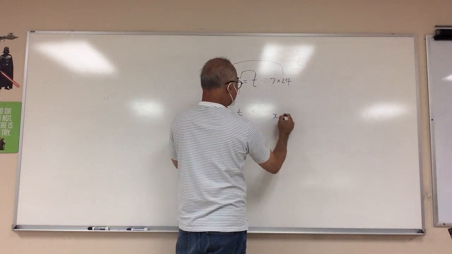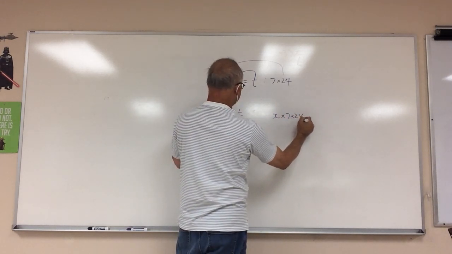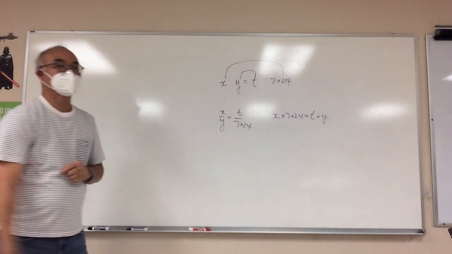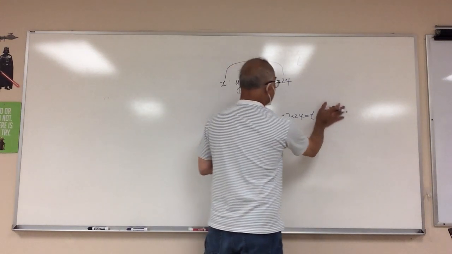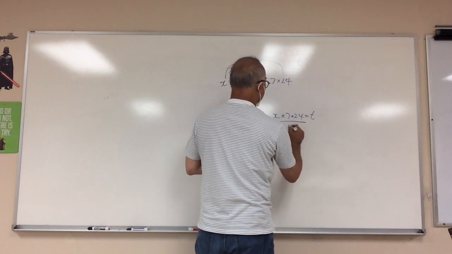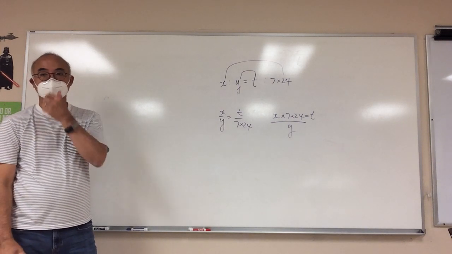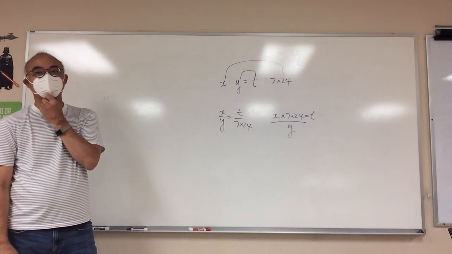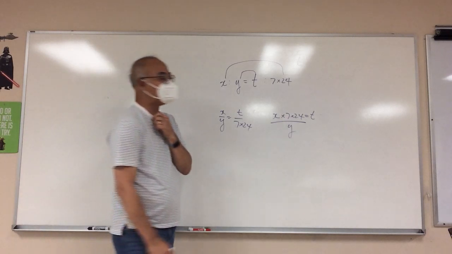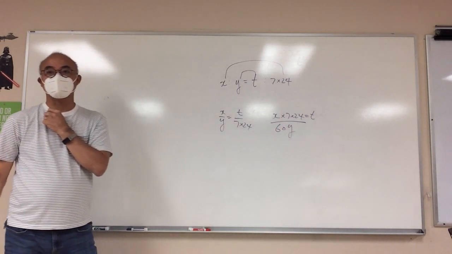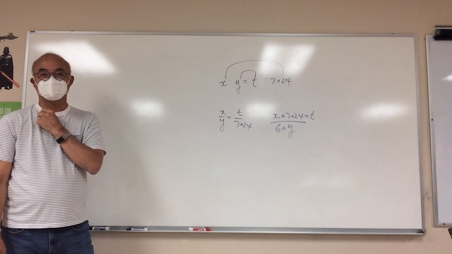X times 7 times 24 is equal to t times y. So I'm trying to solve for t. This will be my t in minutes. And they want t in hours. So I have to divide that by 60. Right?